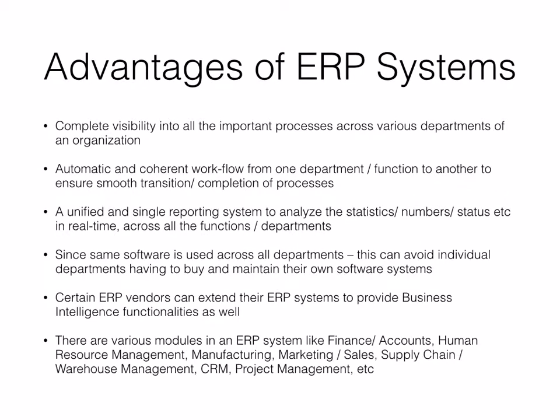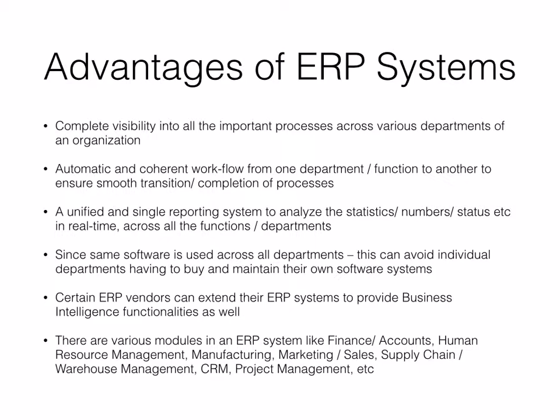So, some of the advantages of ERP systems. It gives you complete visibility into all the important processes across various departments. It makes workflow more automatic and coherent from one department or business unit to another. It provides a unified and single reporting system, especially great for management to analyze the statistics, numbers, status, etc. in real time across functions, business units, departments, however a corporation may be organized.